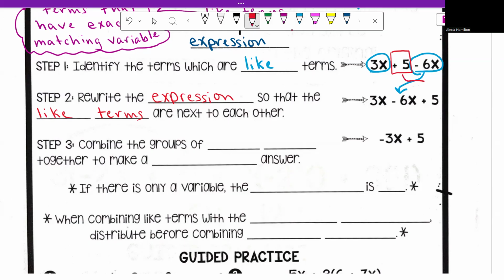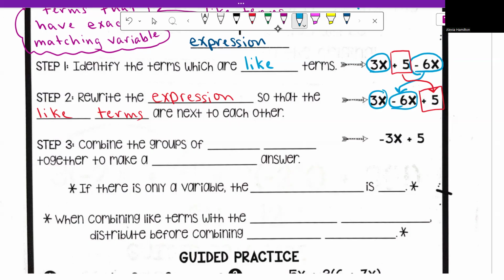Notice that it's still a minus 6x and the 5 is still a plus 5. It did not change the signs. I still have a 3x, I still have a minus 6x as my terms. Those pluses and minuses stay with the term that's directly behind it.